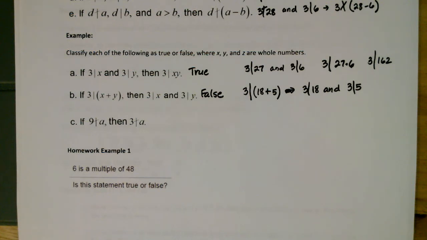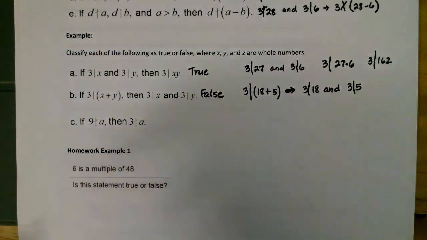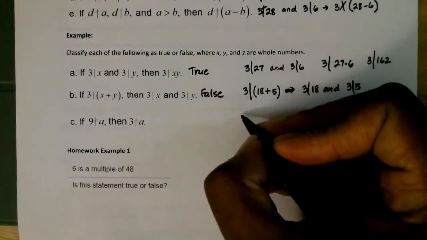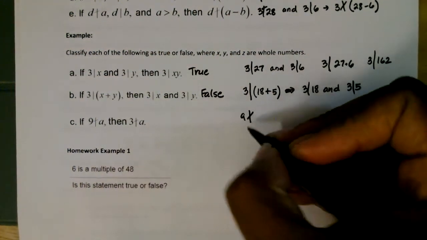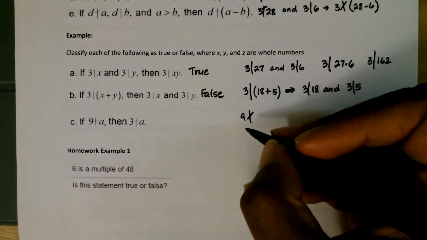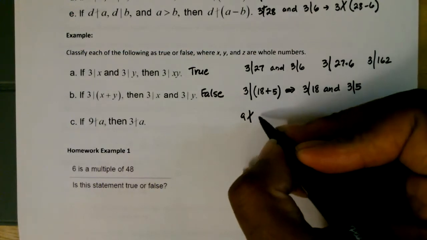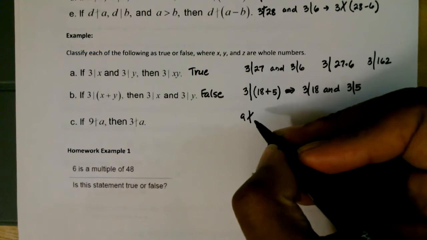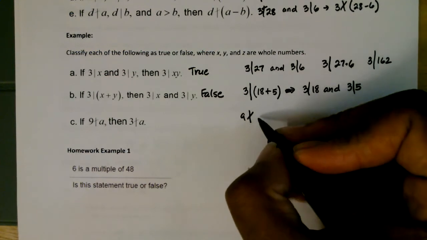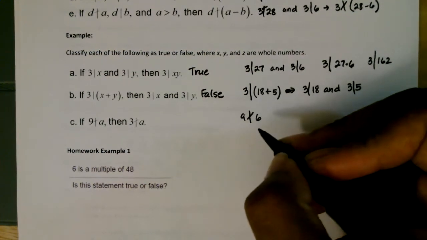Part C, if 9 does not divide A, then 3 does not divide A. Let's look at an example of that. Well, 9 does not divide, let's say 6.